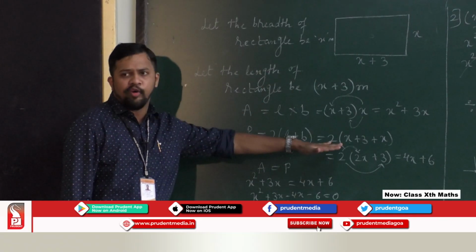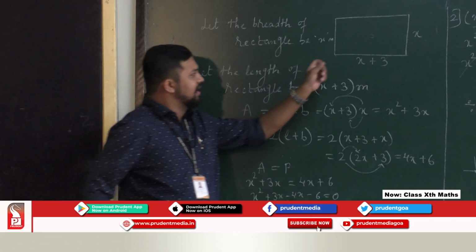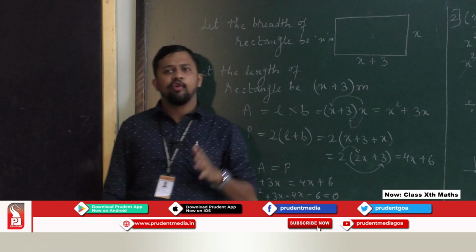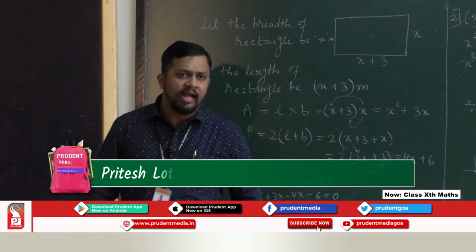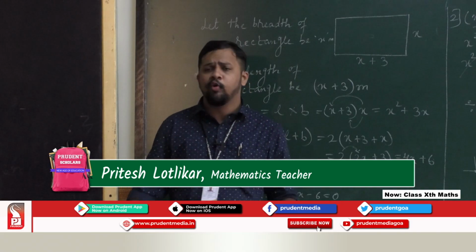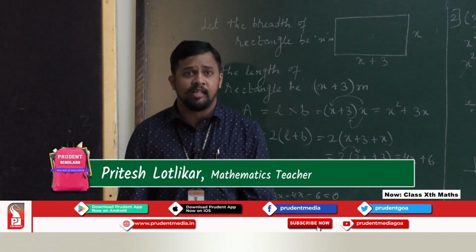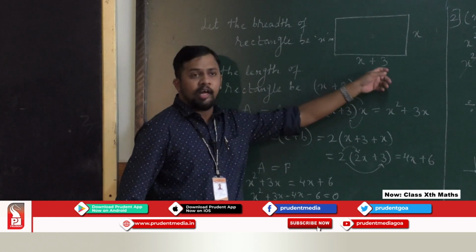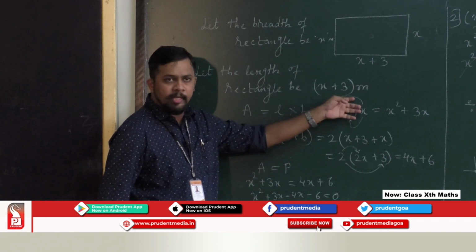So I'll just repeat this for you. I said the length of the rectangle was 3 meter more than the breadth. We don't know the breadth, so we took breadth as x meter. We can take any variable, but in mathematics we use the variable x most of the time. Then the length is 3 meter more, and more means it becomes x plus 3.